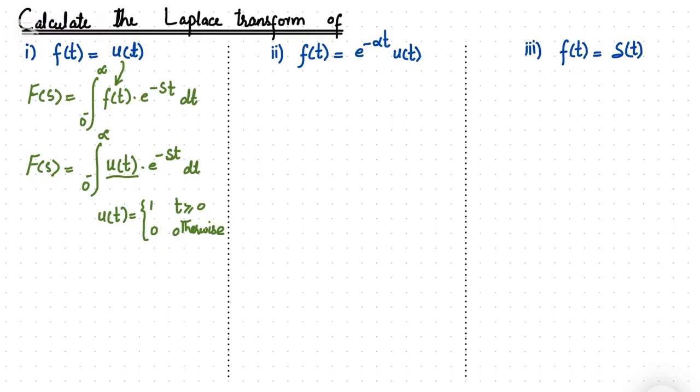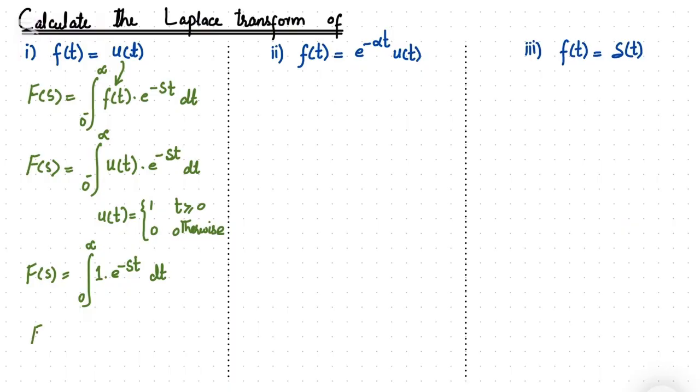So we can write u of t equal to 1 in the range from 0 to infinity. So F of s would be equal to the integral from 0 to infinity, where the value is 1, so 1 times e raised to power minus st dt.